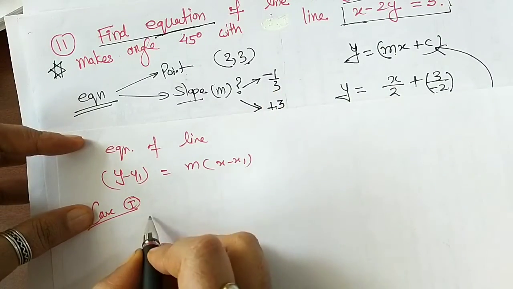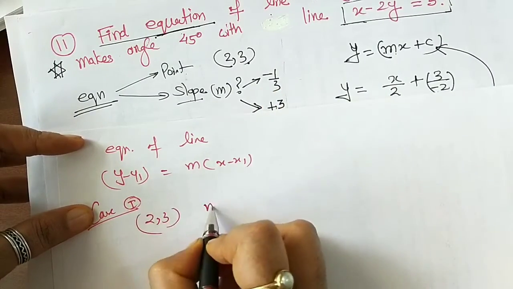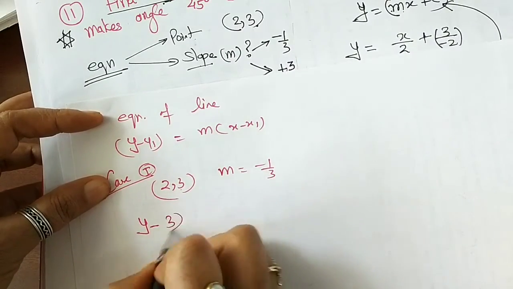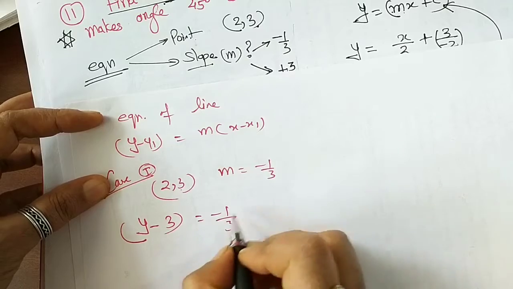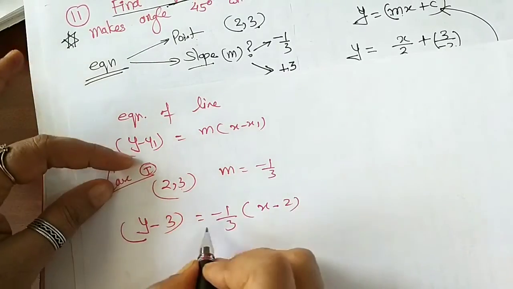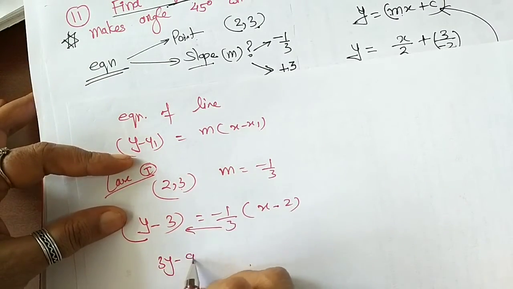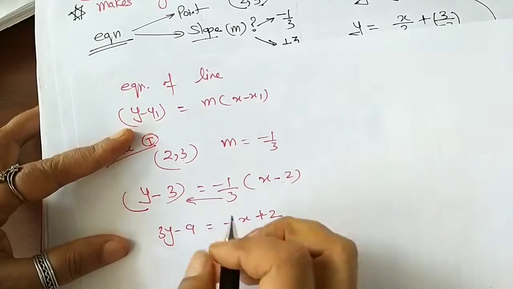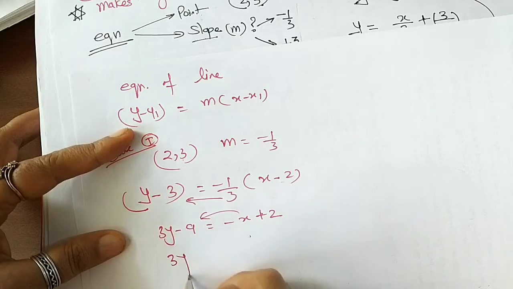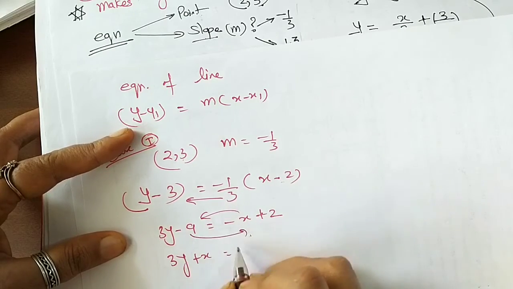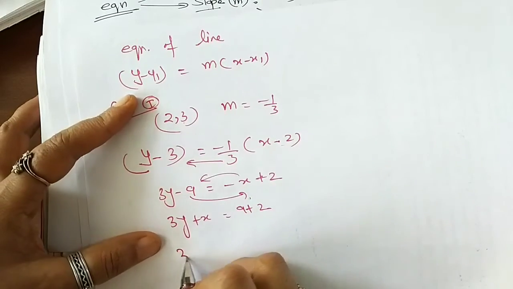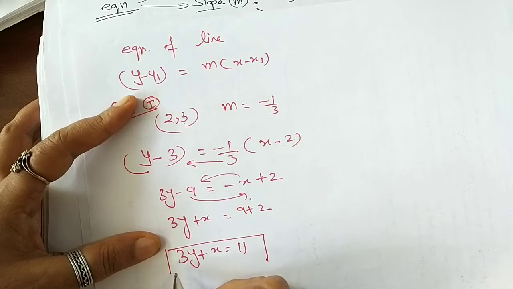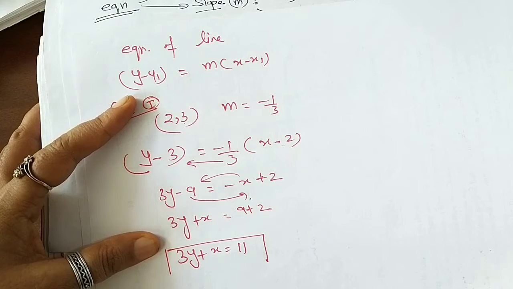So the point is 2 comma 3 and m is minus 1 by 3. So my line is y minus y1, which is 3, is equal to minus 1 by 3 into x minus x1, which is this. 3 will go there. So 3y minus 9 equals minus x, this is plus 2. Okay, I think you know it. This will be here. So 3y plus x, 9 will go there, 9 plus 2, which is 3y plus x is 11. This is my first equation, guys.